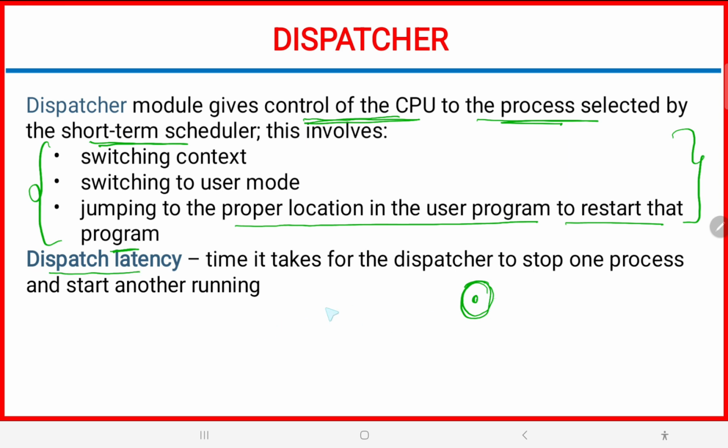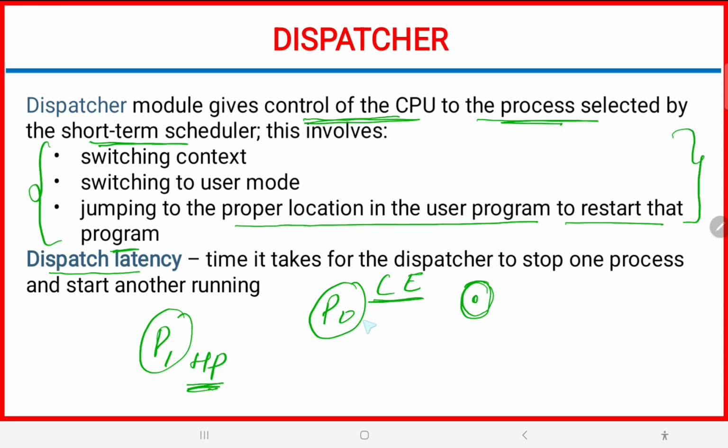So suppose process P0 was executing, P1 came, and this process was of higher priority, whereas this process was currently executing. But because a higher priority process has come, this process cannot continue its execution as the scheduling was preemptive. So we are stopping this process.